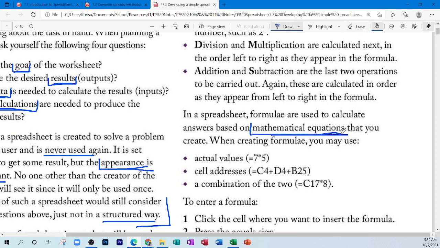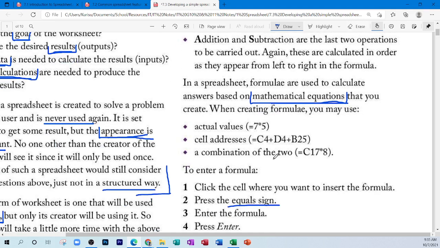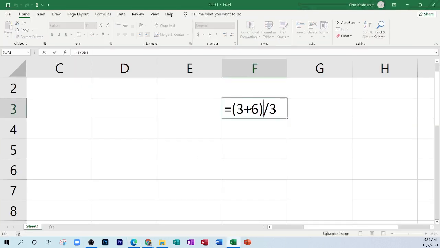as mentioned, your formula is a mathematical equation. That's why it follows BODMAS. So when you're creating your formula, it can use actual values. So actual values are going to be numbers, like you saw me creating a formula here with actual values.